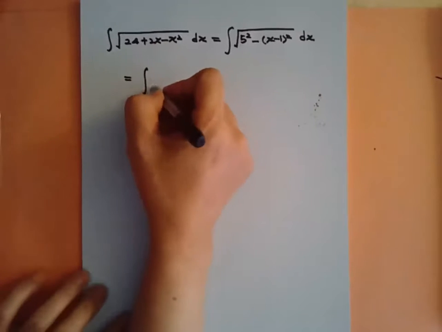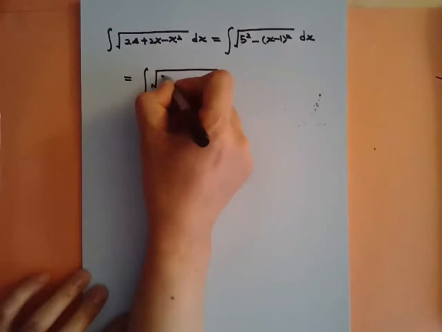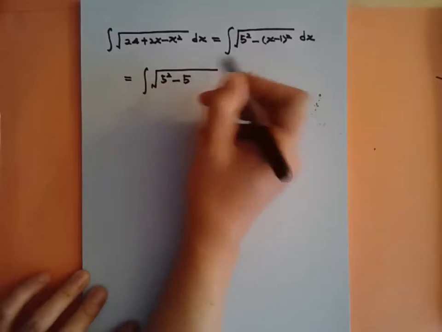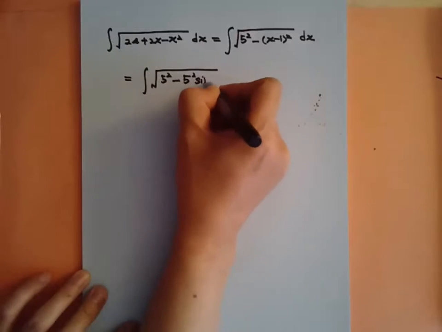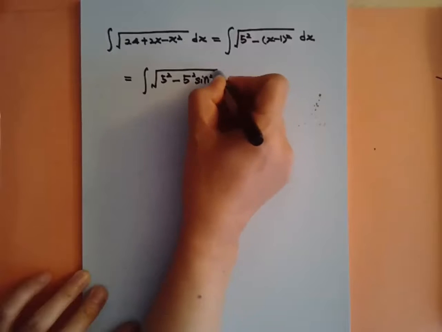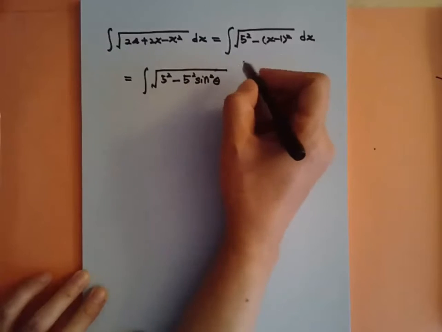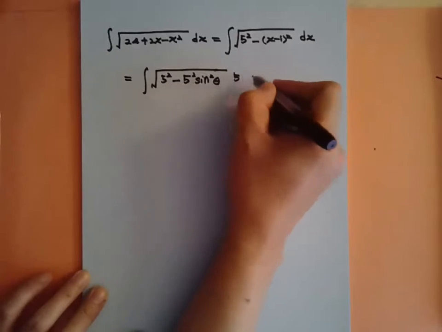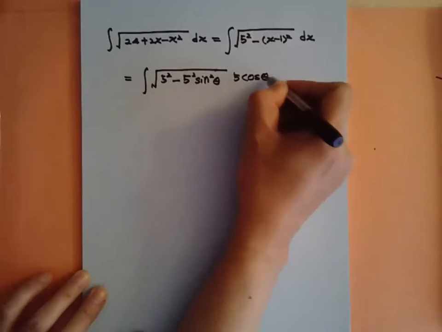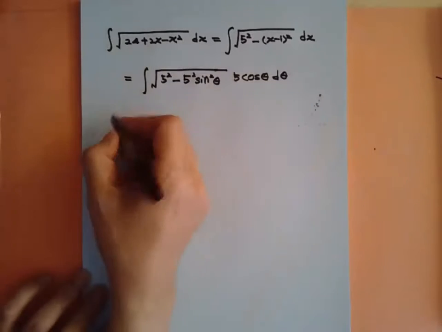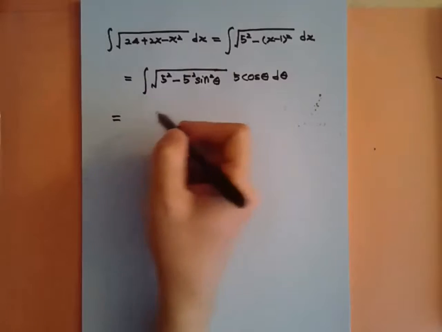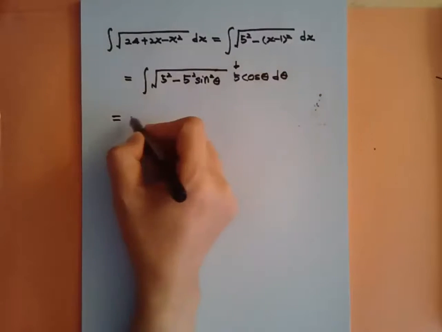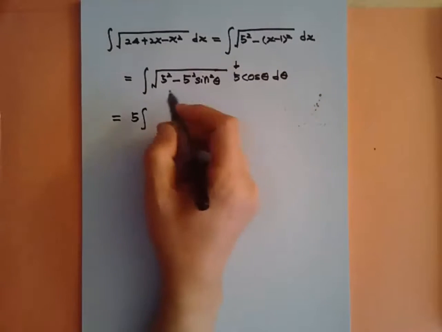So that is the integral of the square root of 5 squared minus 5 sine theta squared. So 5 squared sine squared of theta. We already calculated dx. dx is 5 cosine of theta d theta. So this is 5 times the integral.